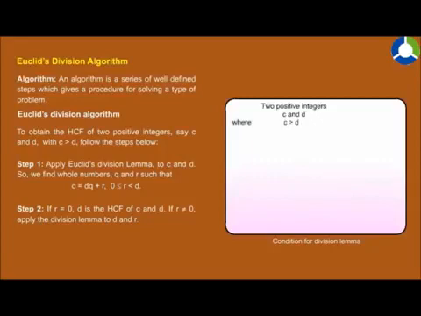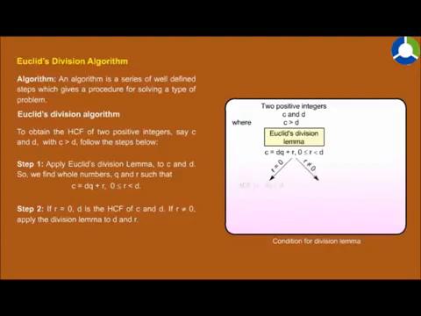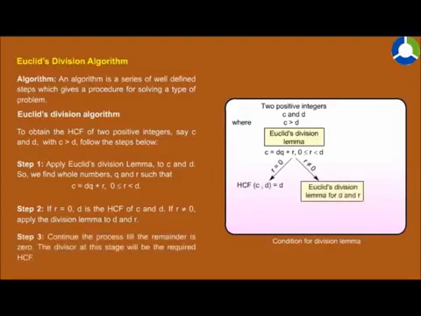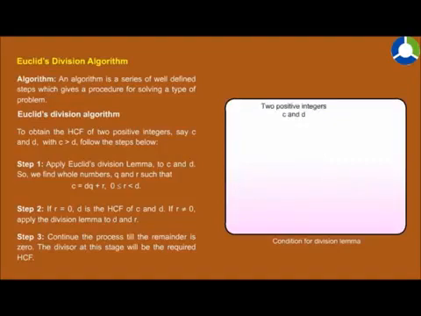If r is not equal to 0, apply the division lemma to d and r. Step 3: continue the process till the remainder is 0. The divisor at this stage will be the required HCF.